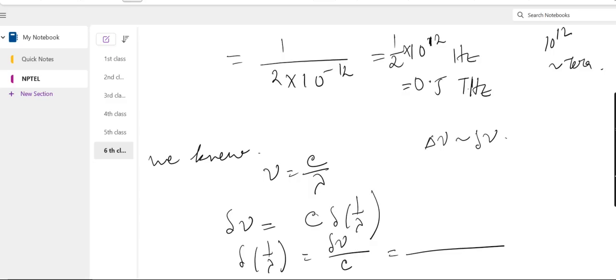But not necessarily in all problems of physics they are the same. Problem to problem they vary. That's the thing that you should always remember. Here delta nu and del nu are the same, but this is not always the case.